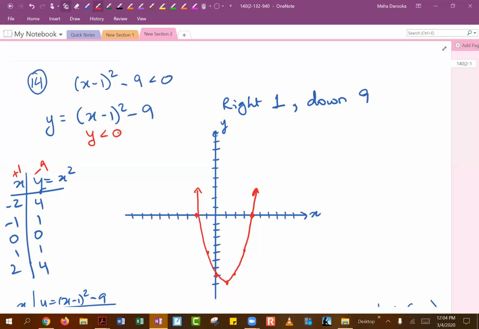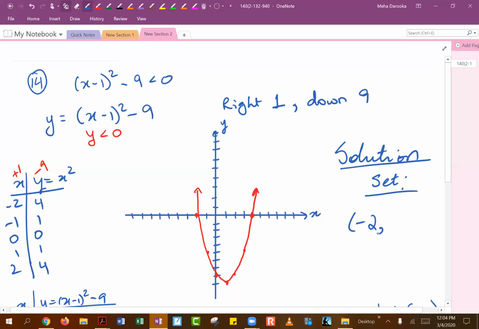So it's going to be between -2 and 4, but not including the endpoints because we have a strictly less than inequality. So your solution set is between -2 and 4, not including the endpoints.